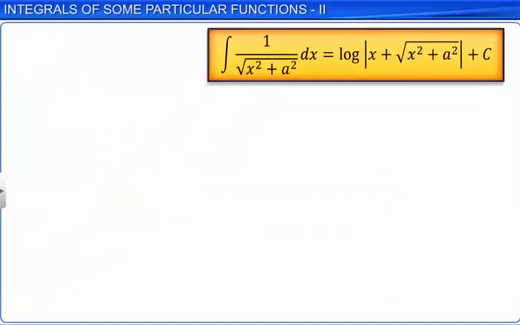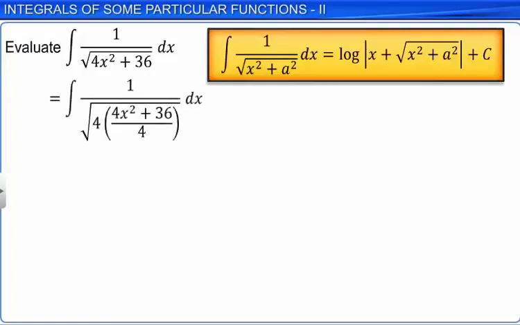Now, let's learn to apply this standard integral identity to solve the integral of 1 upon square root of 4x square plus 36 dx. First, we bring this integral into standard form. For this, we multiply and divide each term in the denominator with the coefficient of x square.